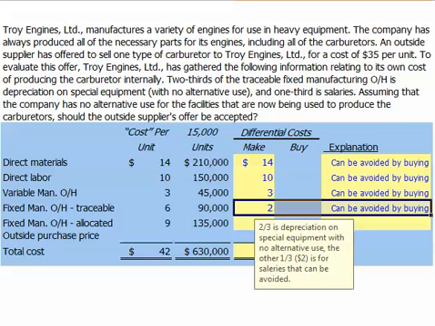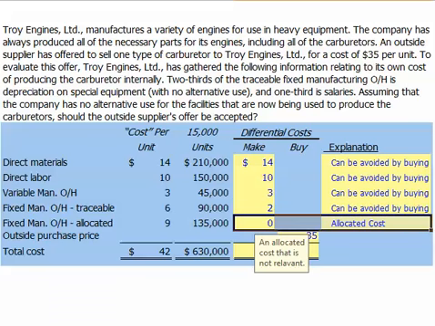Of our fixed manufacturing overhead, we're told that 2/3 is depreciation on special equipment with no alternative use. Therefore, only 1/3 of it, or $2, is for salaries, which are an avoidable cost that we can eliminate if we purchase from an outside supplier. The fixed manufacturing overhead, we're told, is an allocated common fixed cost.